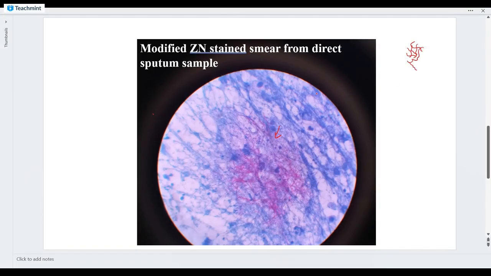It may be confused with the hyphal structure or mold structure of a fungus, but you have to remember it is not at all a fungal element. There is a similarity between Nocardia and fungal hyphal structure, but in the case of Nocardia, it is evident that it is a filamentous structure. Instead, it is a bacteria.